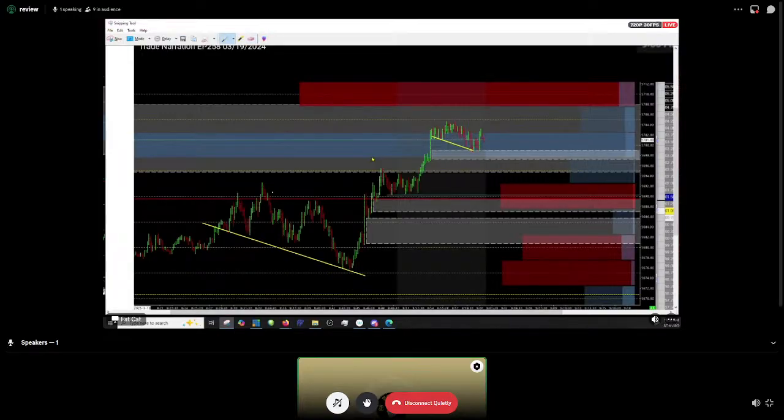First and foremost, 30-minute range break. Breakout where this red line is.